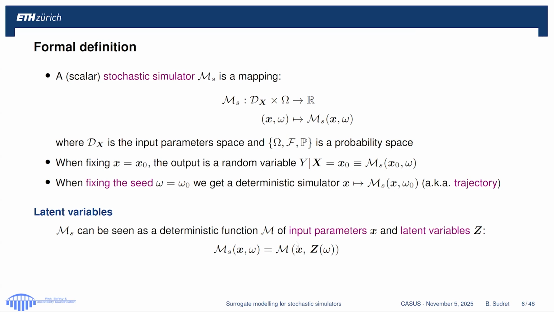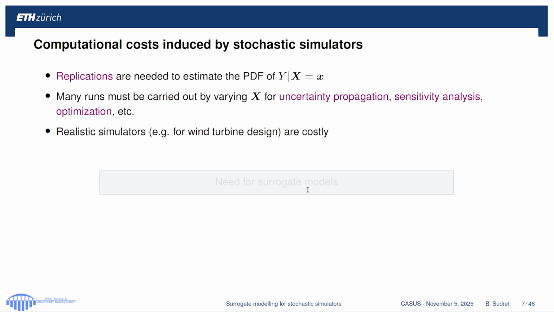In practice, as I said, take the wind turbine example, we have a few well-identified parameters that may also vary. And then we have so-called latent variables that, for instance, allow to discretize random processes, random fields, and so on. Now, when you want to characterize this output, which is, as I said, this conditional distribution for different x's, the basic way would be to do replication.